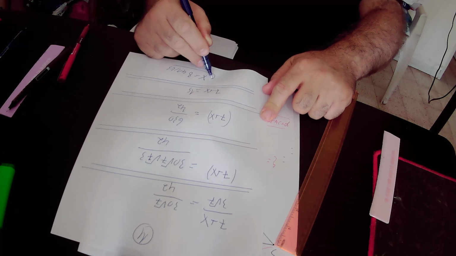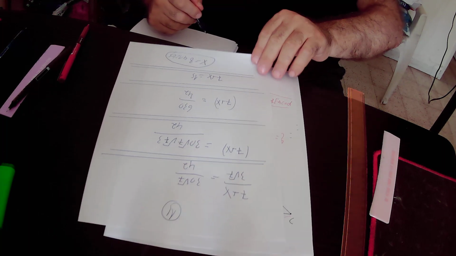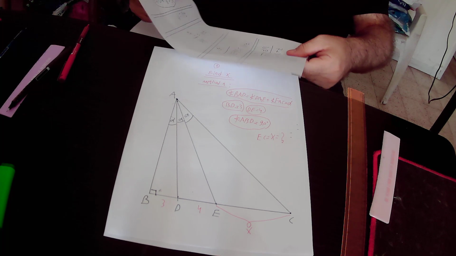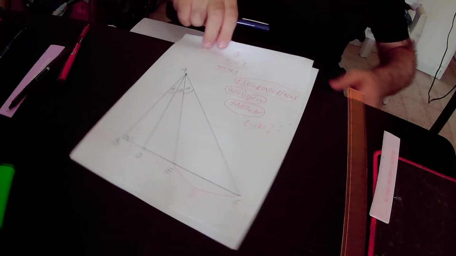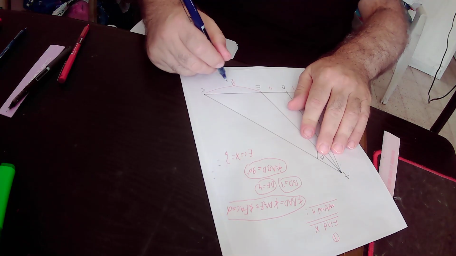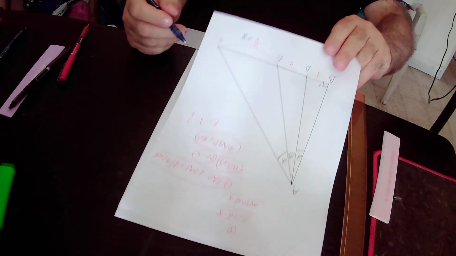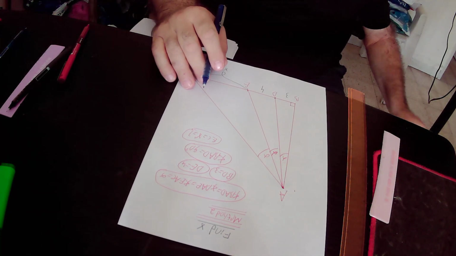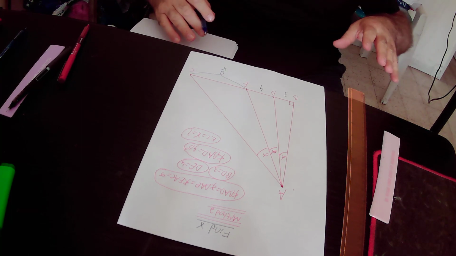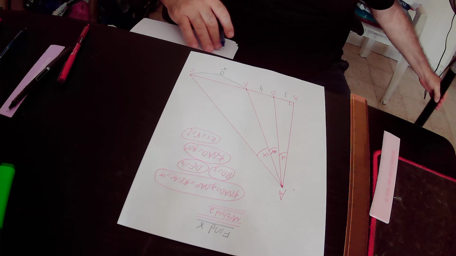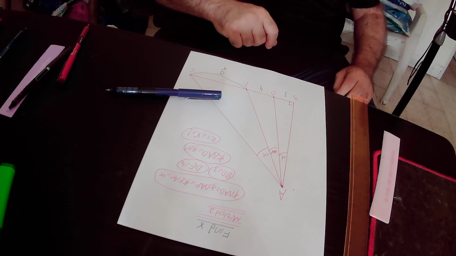So the final answer to the question is that x equals 8 units. So EC equals 8 units. Okay, so we finished with the first method, and in the next step we will find out the value of x according to a second method.